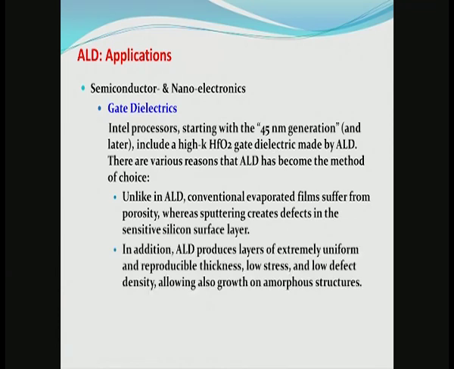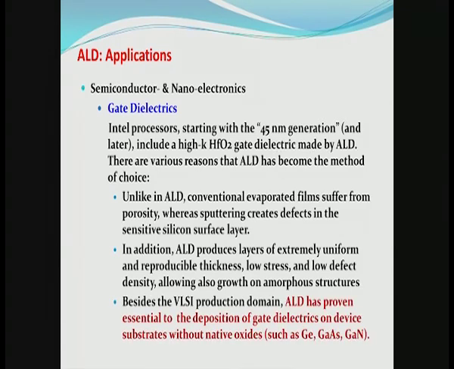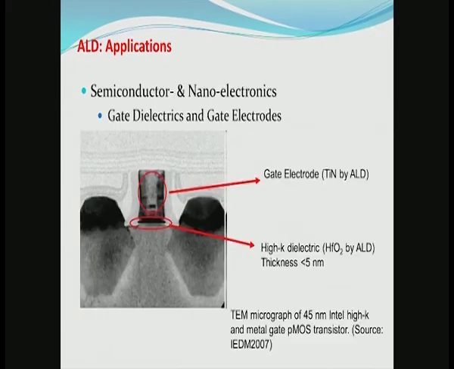In addition, ALD produces layers of extremely uniform and reproducible thickness, low stress and low defect density, allowing for growth on amorphous substrates also. Furthermore, besides VLSI production, ALD has proven essential to the deposition of gate dielectrics on device substrates without native oxides such as germanium, gallium arsenide and gallium nitride.